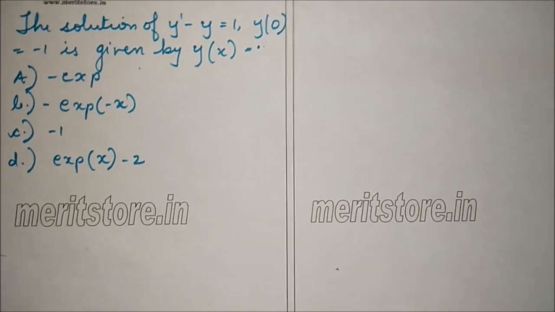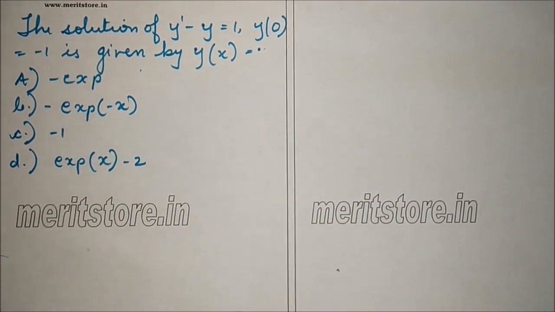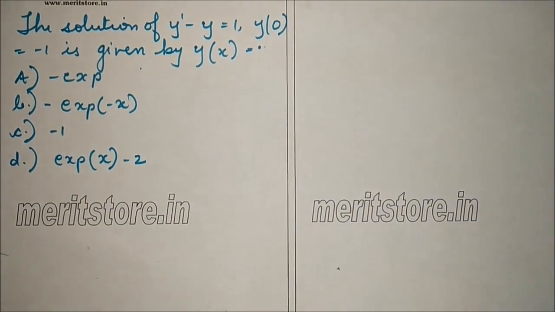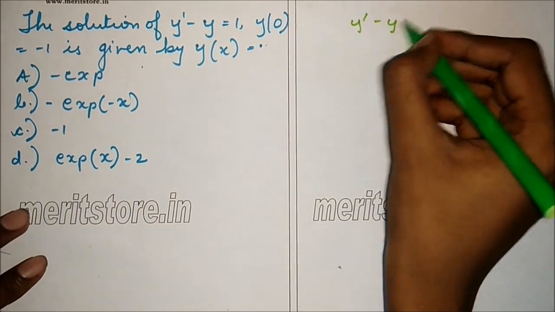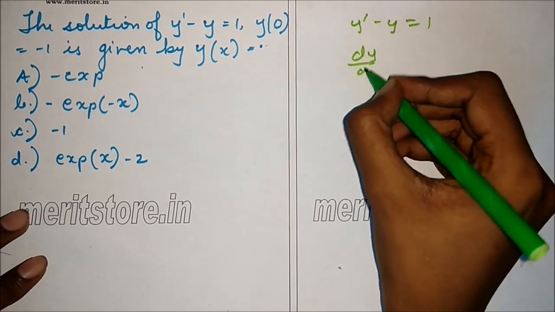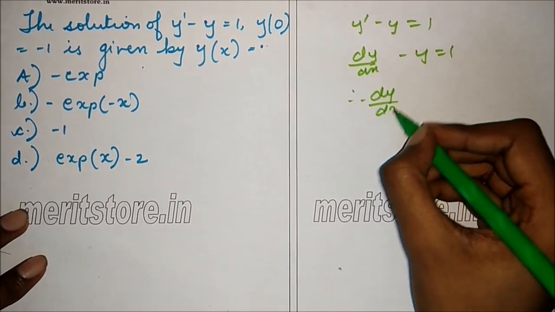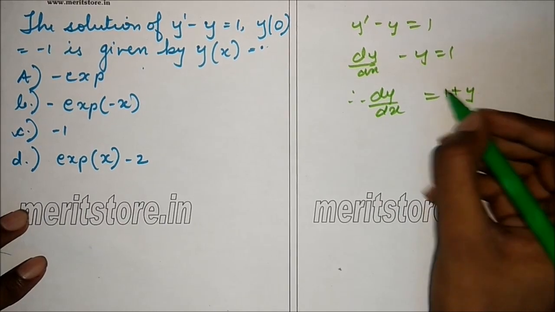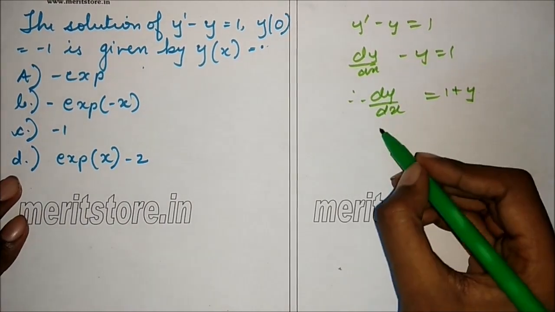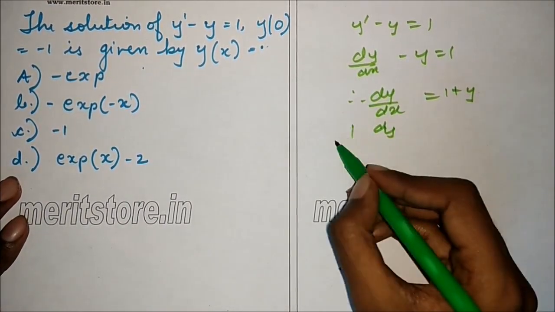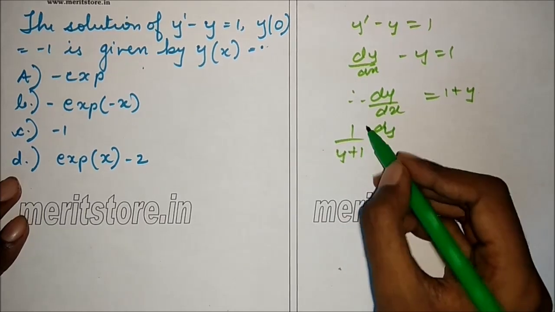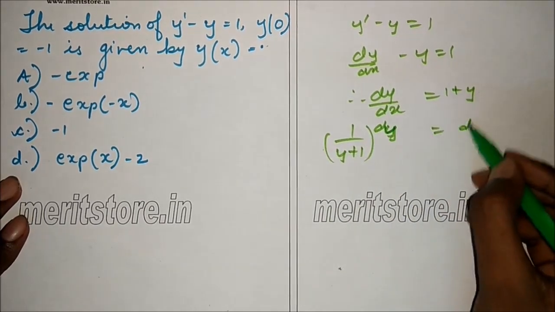Solution of differential equation y dash minus y equals 1, where y of 0 is minus 1. So given is y dash minus y equals 1, that is equal to dy by dx minus y equals 1. Therefore dy by dx equals 1 plus y. So bringing y terms on one side and x terms on the other side, 1 by y plus 1 dy will be equal to dx.